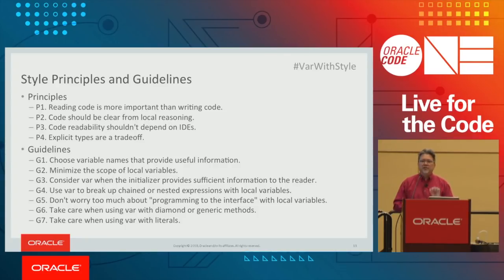But that shouldn't be essential to the readability of the code, because not all code is read in an IDE. Sometimes you're browsing a website and somebody posts a snippet, or you're reading a patch or a diff or something like that. It's not in an IDE. You need to be able to look at the code, use local reasoning, and figure out what's going on in that. And if you need to figure out what the type is, it should be apparent by reading the code there and not pulling it into the IDE.